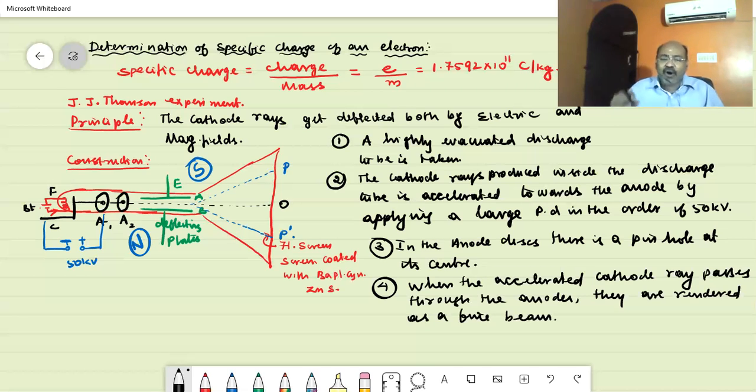So a narrow or fine beam of cathode rays is produced by passing the cathode rays through the small hole, the narrow hole or the pinhole in the anode discs.